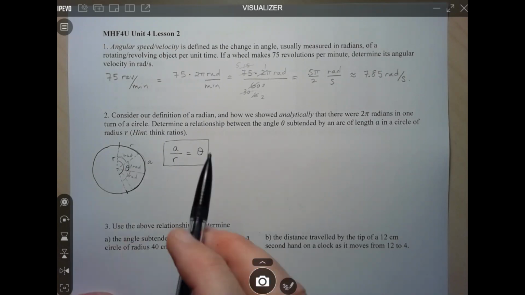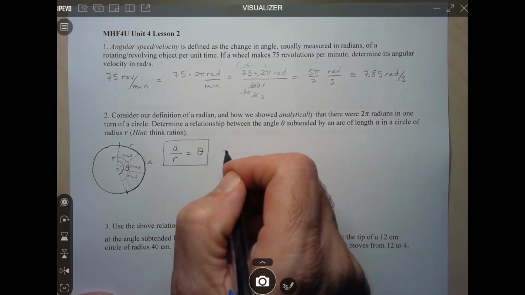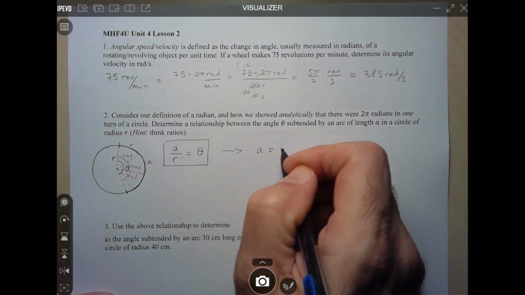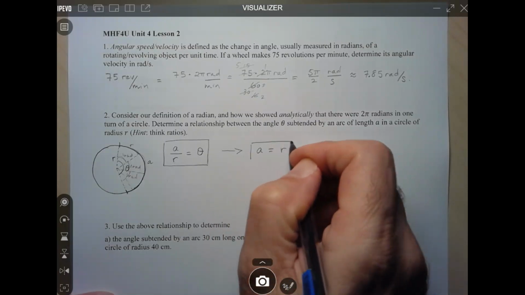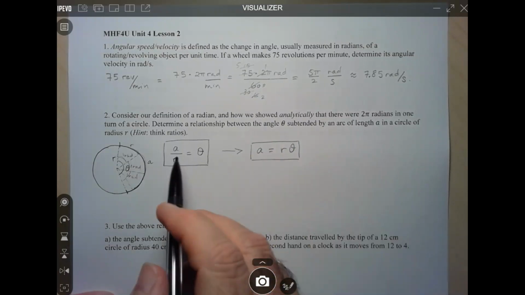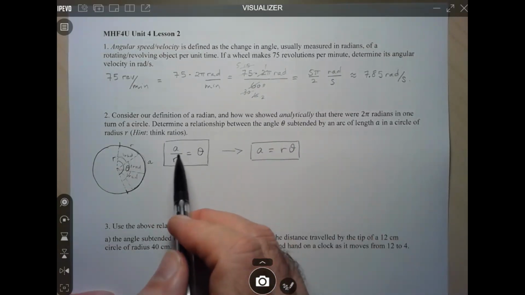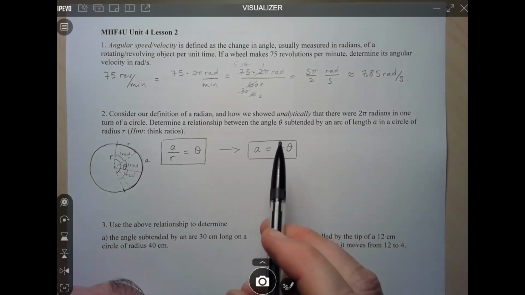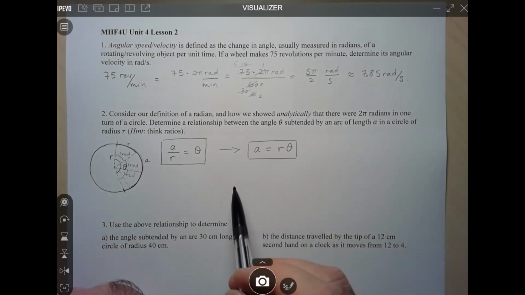And this formula you will often see written in this more familiar form: A equals r theta, which of course is equivalent. I just multiplied both sides of this equation by r, and we get this alternative way of defining this relationship.